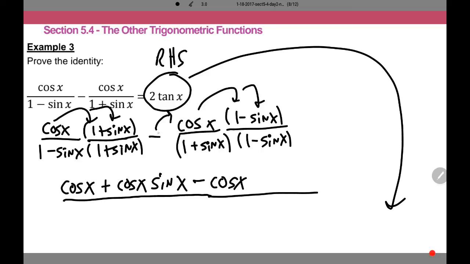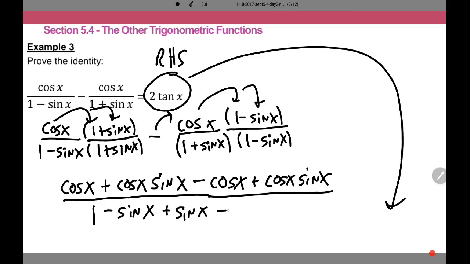And then I've got a negative and a negative sine of x, so that's plus cosine x sine x. And then my bottom, I do need to multiply this out. So I've got 1 times 1, which is 1. I've got negative sine x times 1, so that's negative sine x. I've got positive sine of x times 1, so that's plus sine of x. And I've got negative sine times positive sine, which is negative sine squared of x.